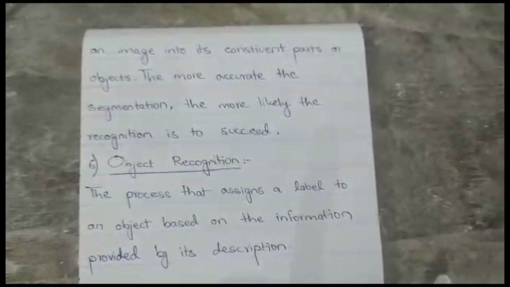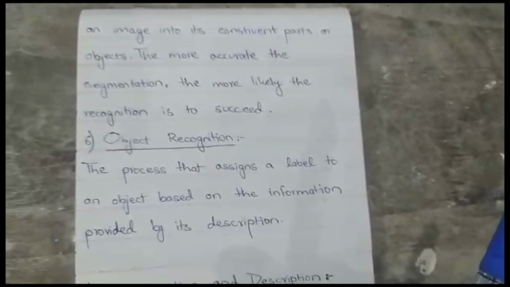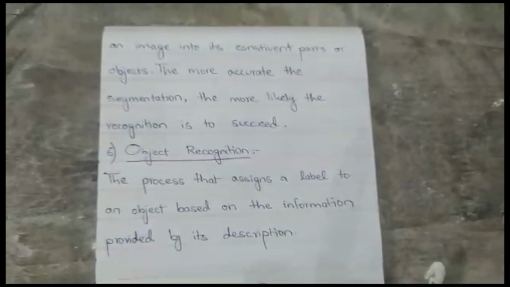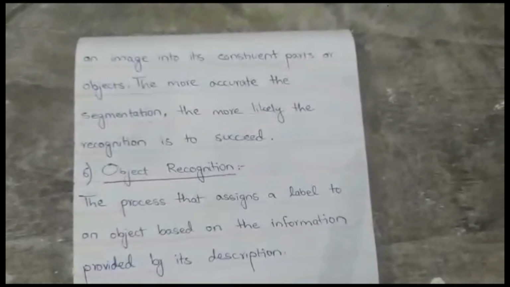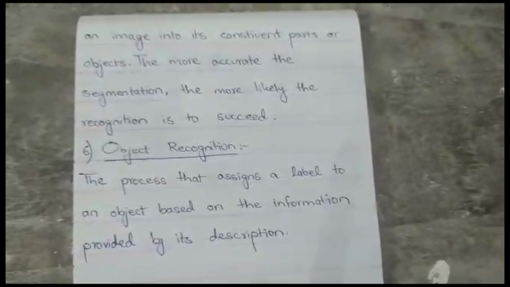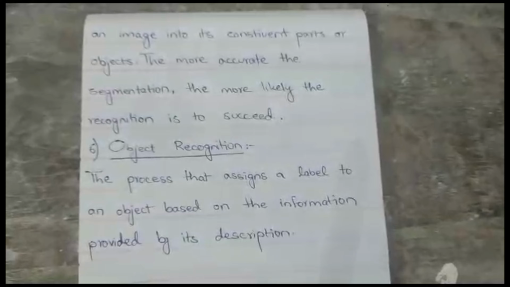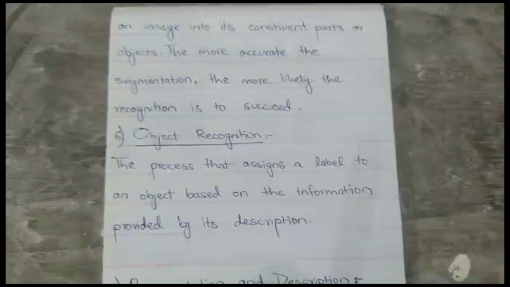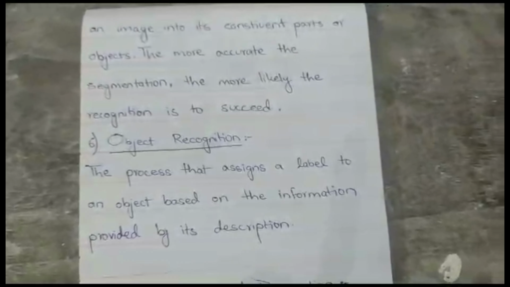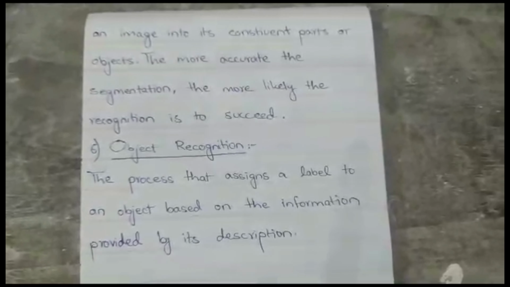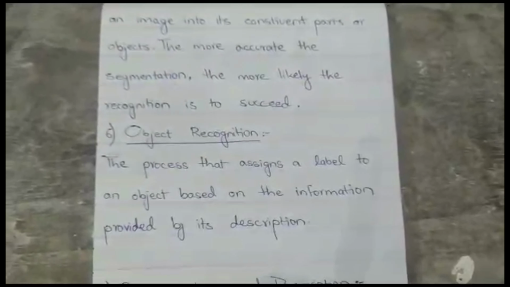The more accurate the segmentation, the more likely the recognition is to succeed. So segmentation is mainly the division of an image into parts that should result in the features mostly needed by an application.